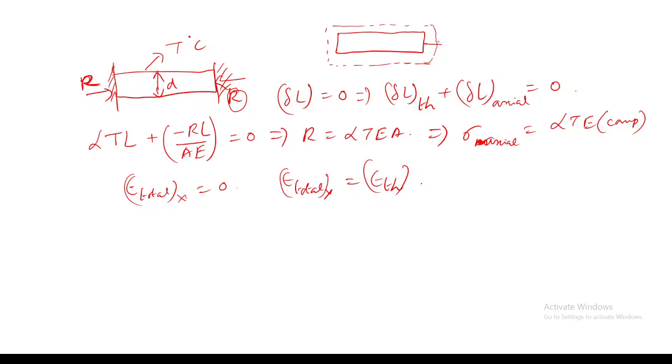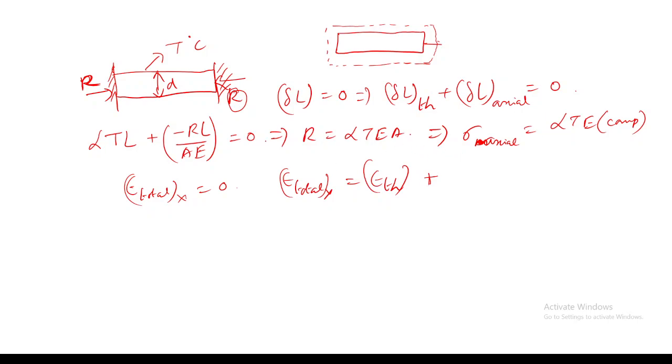Not self weight. Here we are not considering self weight. Here we are considering only the bar or the external loads. Whether you can think of any other strain components in the y direction. Poisson's ratio. Yeah, correct.